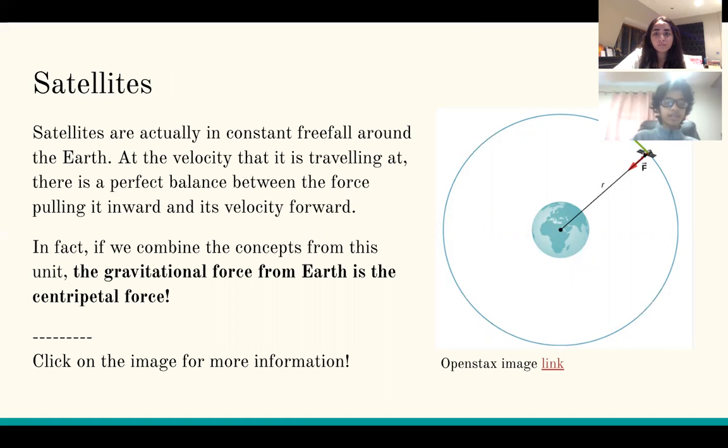The satellites are, as it mentions, actually in constant free fall around the Earth. And at the velocity that they're traveling at, there's a perfect balance between the force pulling it inward and its velocity forward. Another way of putting that is there's a perfect balance between the centripetal force, which is actually the force of gravity, and the velocity forward. So if we combine the concepts, the gravitational force from Earth is the centripetal force.